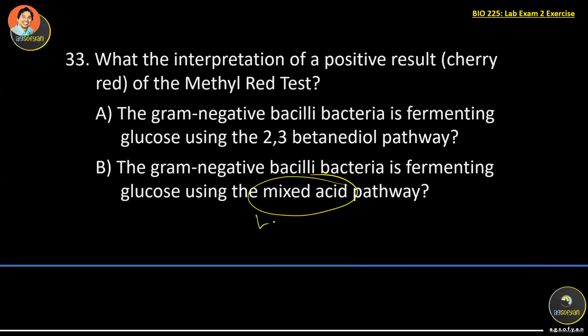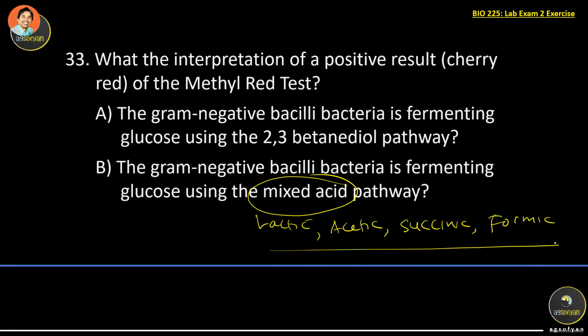So they use the lactic acid pathway, they also use the acetic acid pathway, the succinic acid pathway, and also the formic acid pathway. So these are the mixed acid pathway, and it will give the red color for positive.